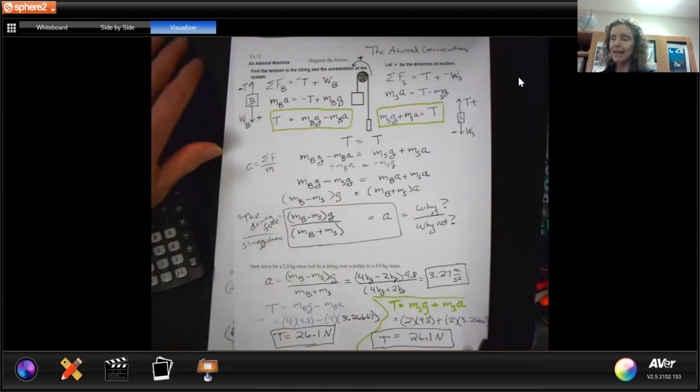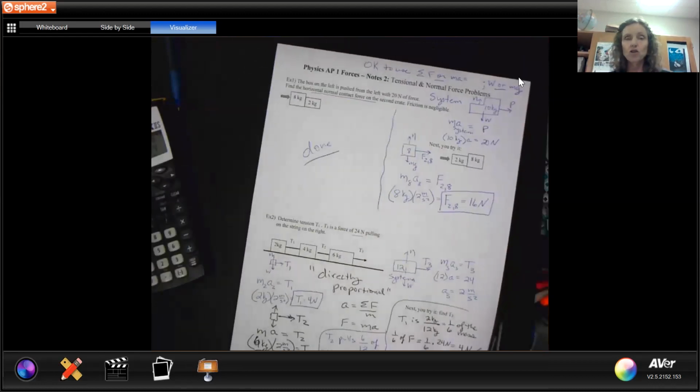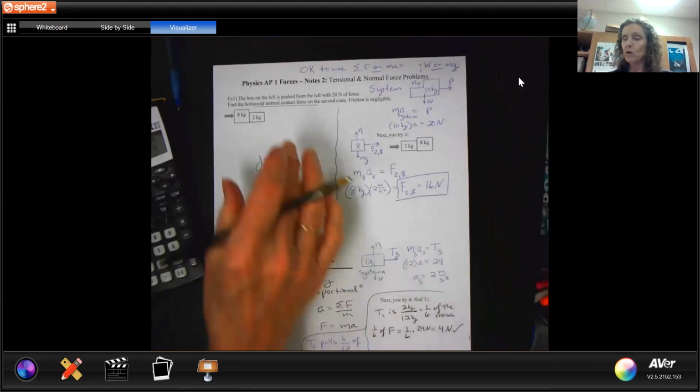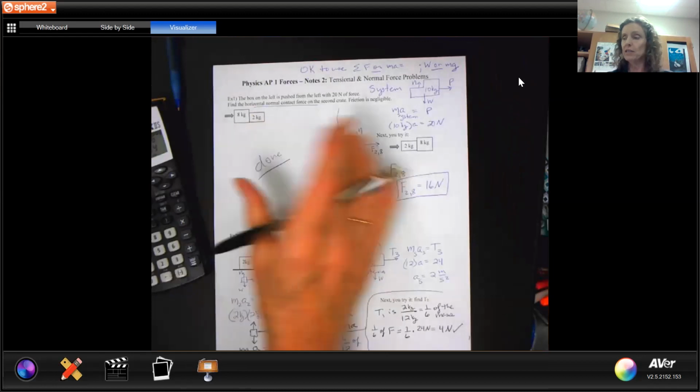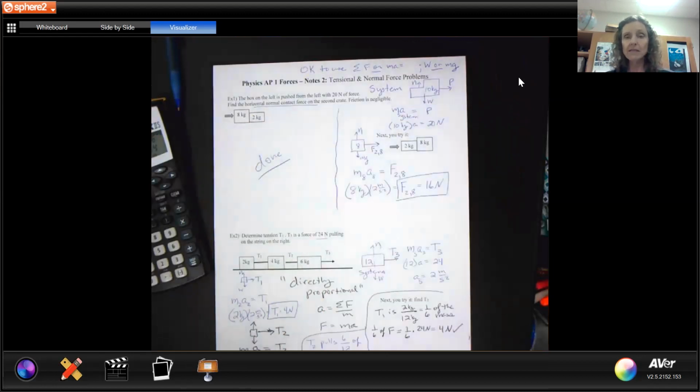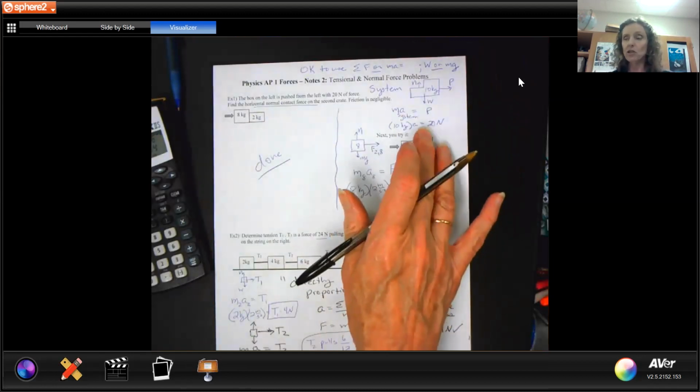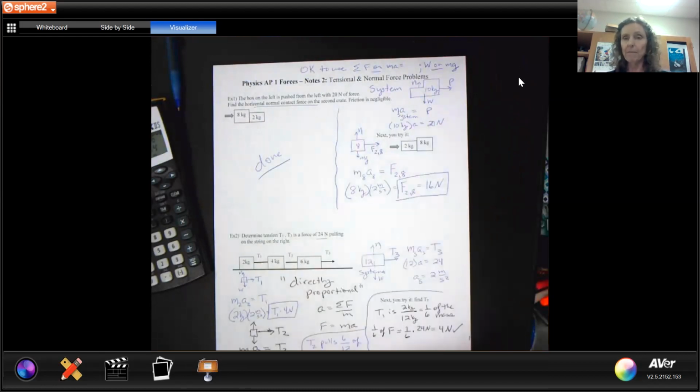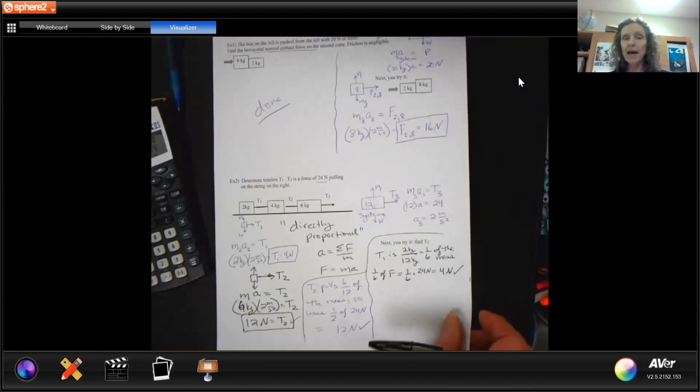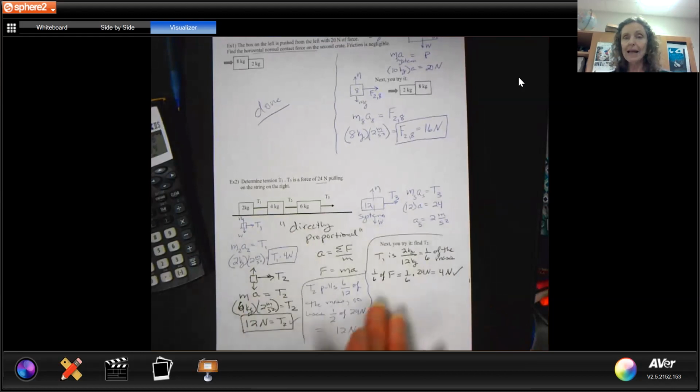Okay, so what have you done today? Well, you practiced working with systems where you treat them first as a single unit of mass to get a piece of information that then lets you work on them independently. You looked at how direct proportionality can be used in kind of a shortcut. Because remember, half of your questions on the AP exam are going to be multiple choice.